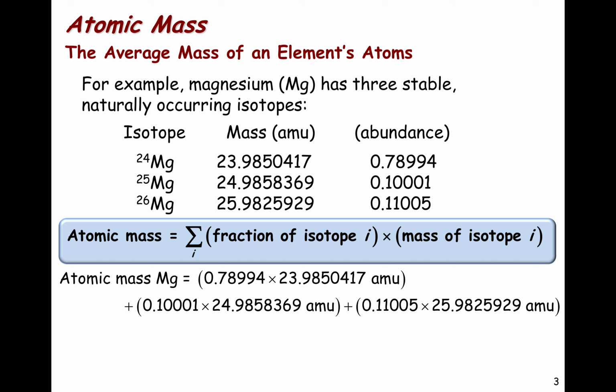So the abundance is 0.11005 times the 25.9825929.